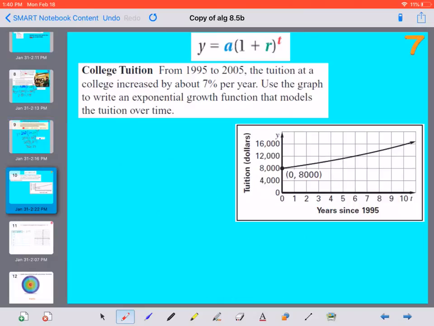Next one, for college tuition. From 1995 to 2005, the tuition at a college increased by about 7% each year. Use the graph to write an exponential growth function that models the tuition over time.